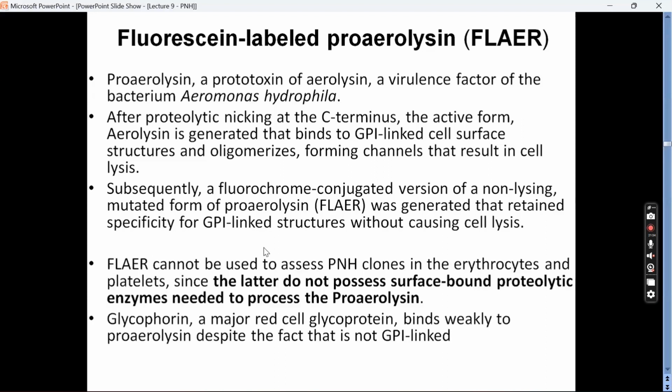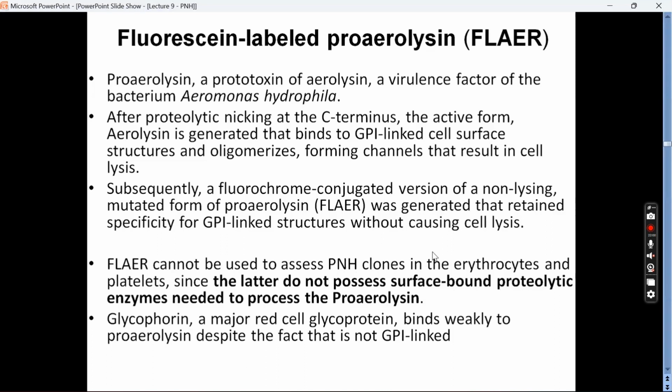Okay. Now FLAIR, as I said, you can use in any WBCs, but you cannot use in erythrocytes. The reason is for FLAIR to work, the pro-aerolysin should be converted to aerolysin. And for this conversion, you need an enzyme that causes the proteolytic nicking at the C terminus. That particular enzyme is not there in RBCs.